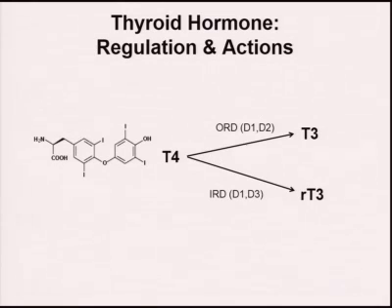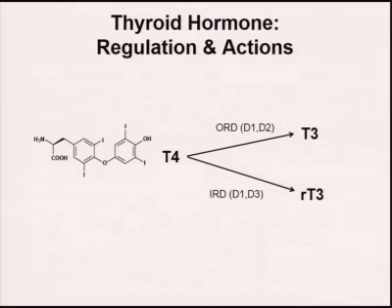So T4 is converted to its active form of T3 through what's called outer ring deiodination, and that's carried out by the enzymes D1 and D2. Again, T3 is the more potent form of thyroid hormone, but T4 can also be inactivated and converted into what's called reverse T3 through inner ring deiodination.